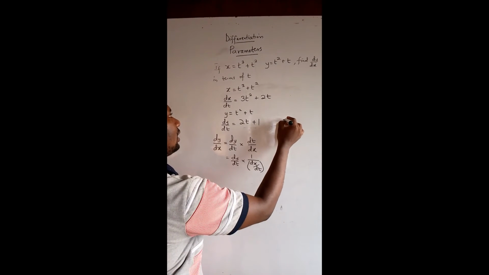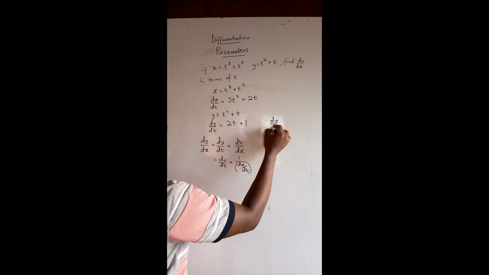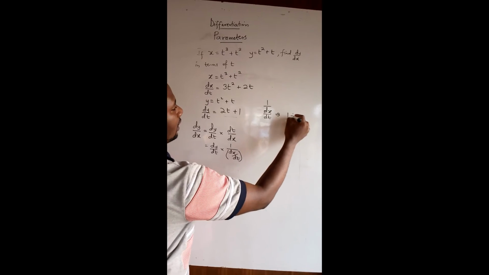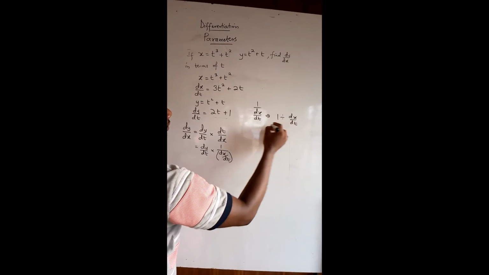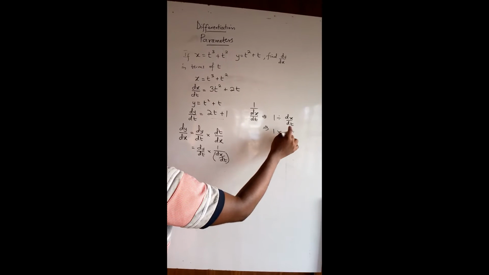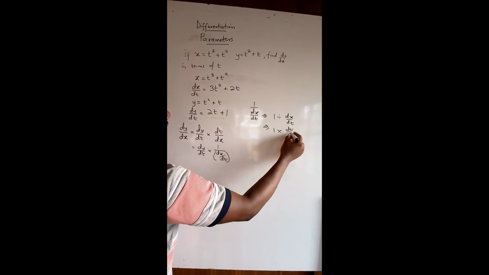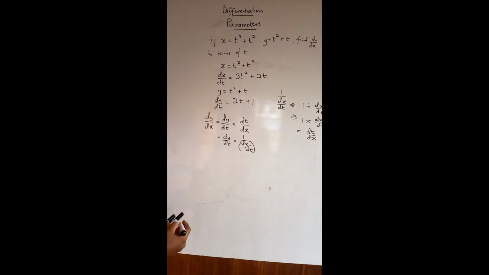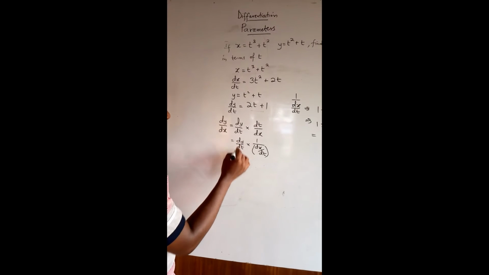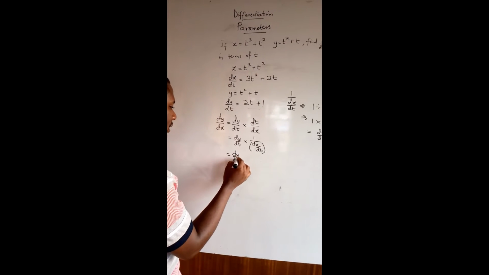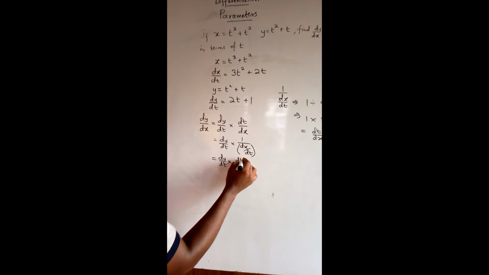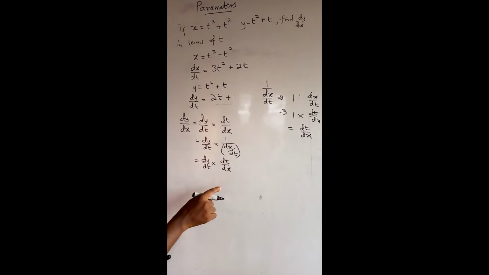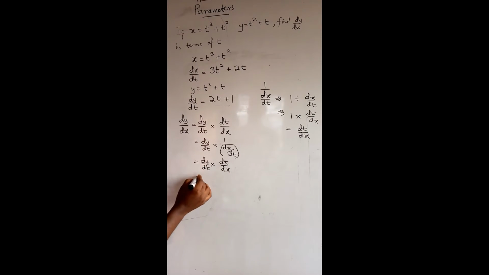If we have dx dt, 1 over that is the same as 1 divided by dx dt, which is 1 times, then we turn this upside down, dt dx. In the end, the whole thing will become dt dx. So it's actually correct. Going forward, this becomes dy dt times dt dx. So actually the inverse of our dx dt will give us what we want.